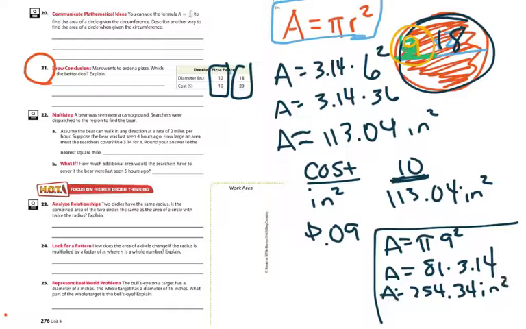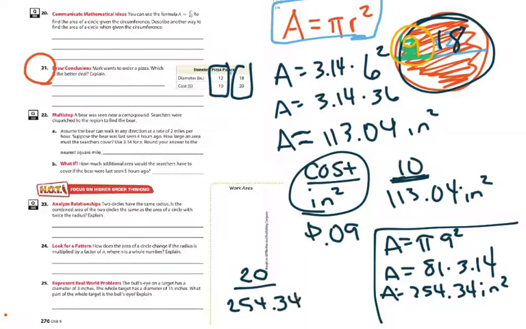And again, I'm going to set up the cost per square inch. And so I'm going to be dividing 20, which is our cost, by the 254.34 inches that I have. And that equals a cost of, when I round it, 8 cents per inch.